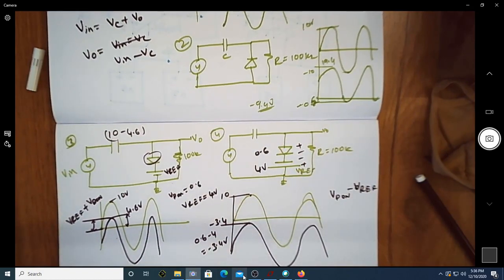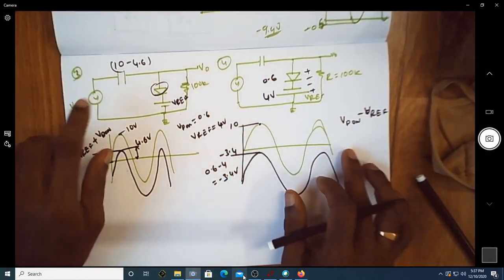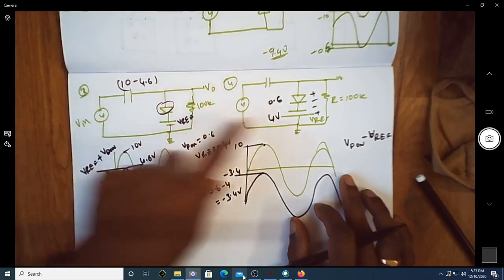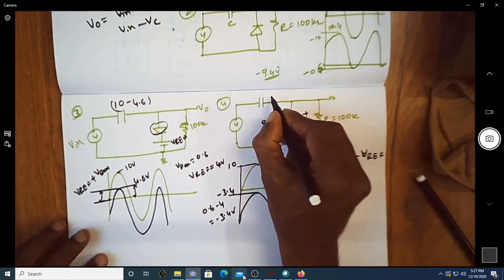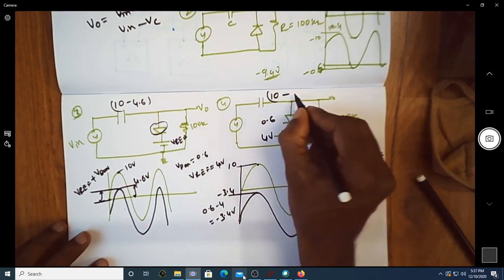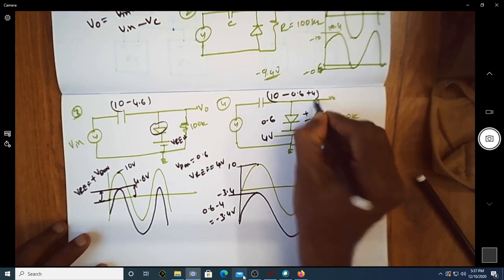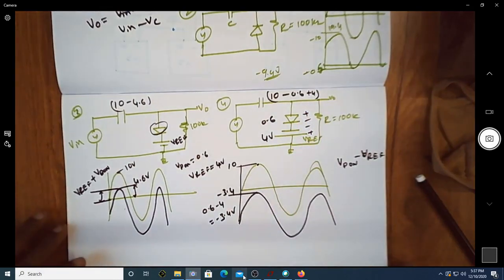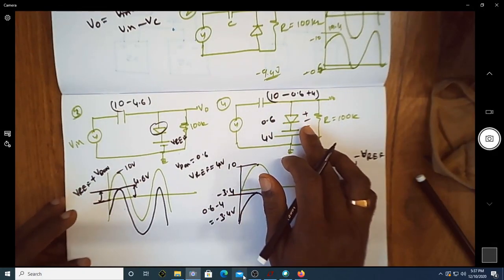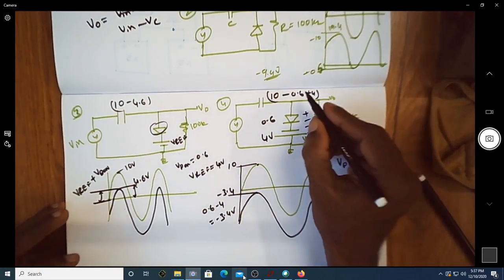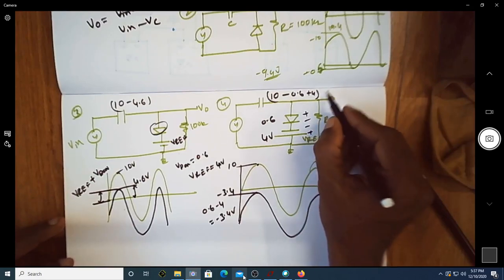So we can actually do a simulation, then try to find out what will be the capacitor voltage over here, and of course verify the capacitor voltages that we're going to get. If you find this out, it is 10 minus of 0.6 minus of minus 4, which will be 4 volt here. So you will end up with that much as the voltage. So you can actually verify how much this voltage is.